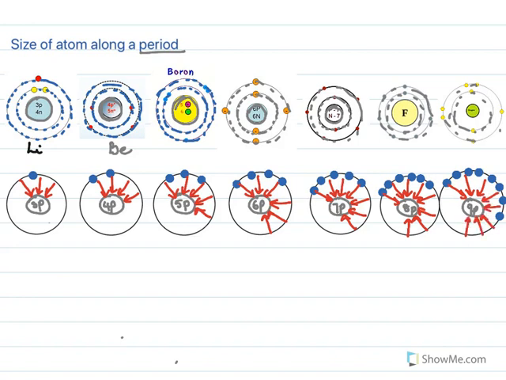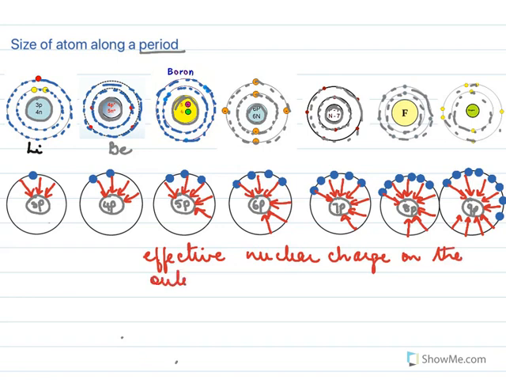So what do you expect the outermost orbit to do, remain the same or shrink? We have seen that the effective nuclear charge keeps increasing. Effective nuclear charge on the outermost orbit increases as we go along a period.